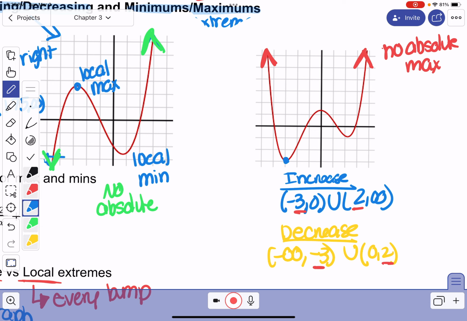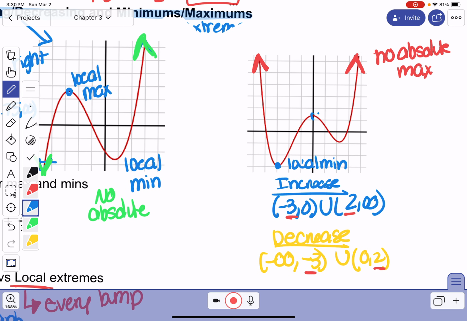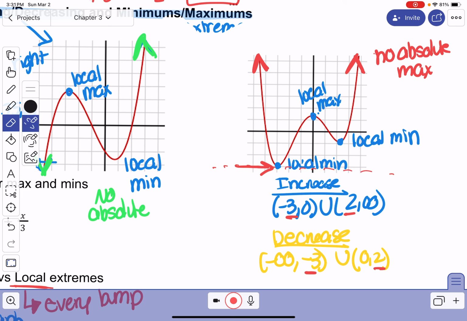So first, we have a local minimum. We have a local maximum. Then we have a local minimum. So every bump is a local. Now, if we look at this point, it's also the lowest of the entire graph.